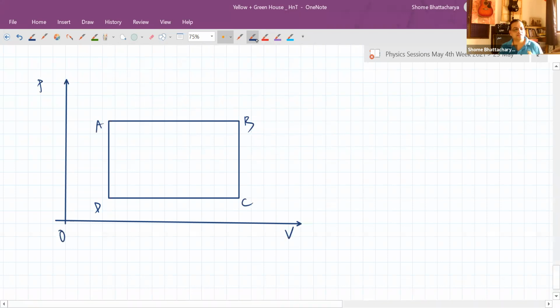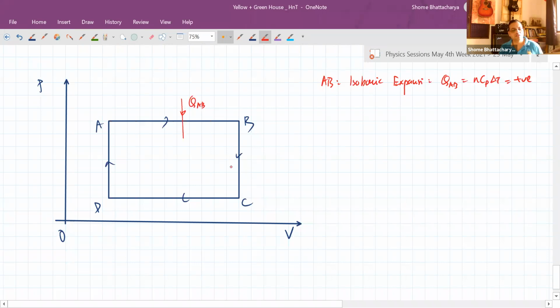So now what we understand is that during this cyclic process, heat is coming into the gas because it's an isobaric expansion. So QAB is n Cp delta T, which is a positive quantity. So heat is coming in.